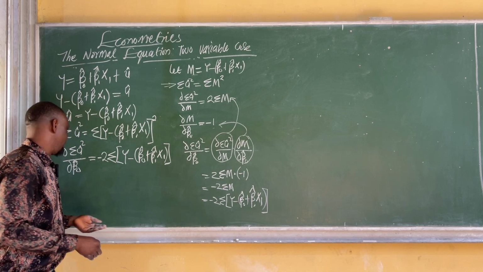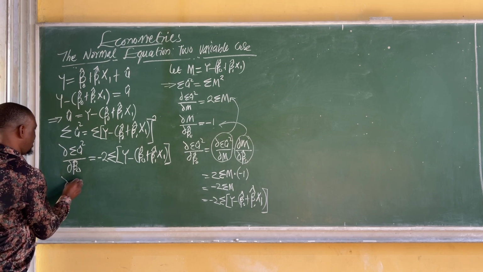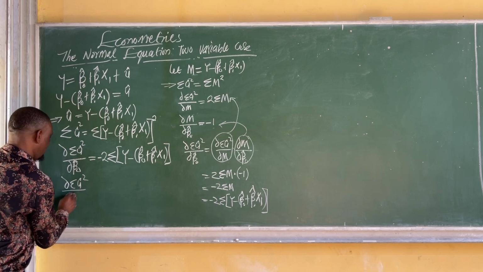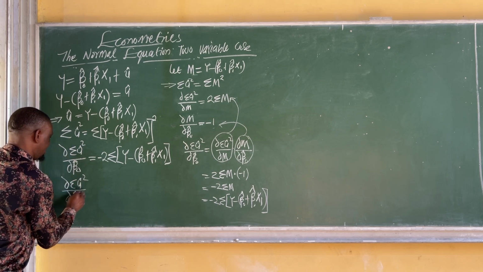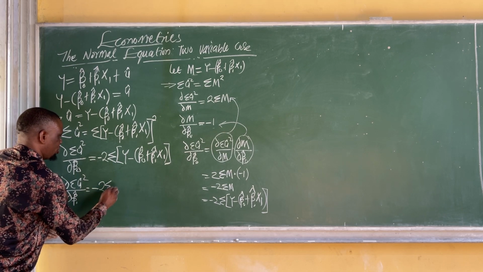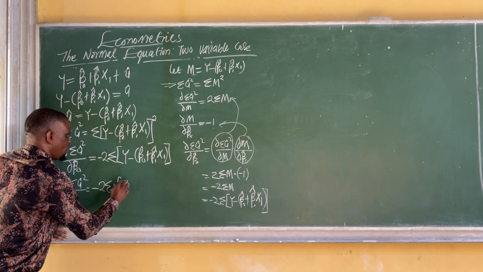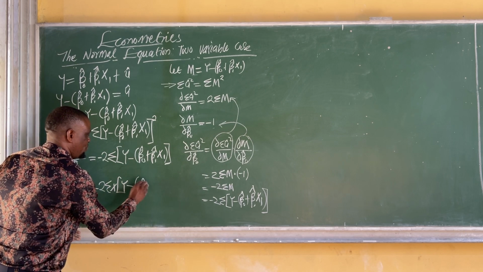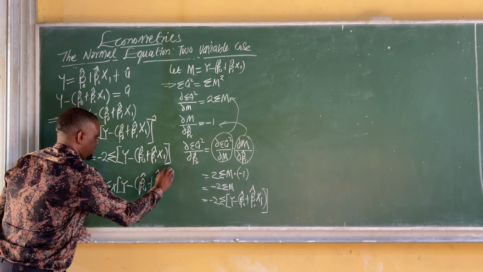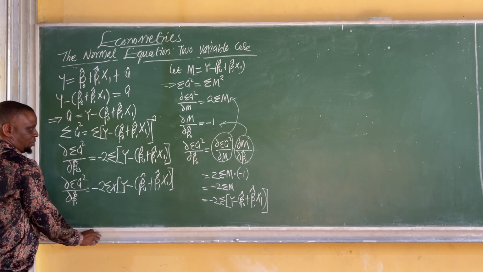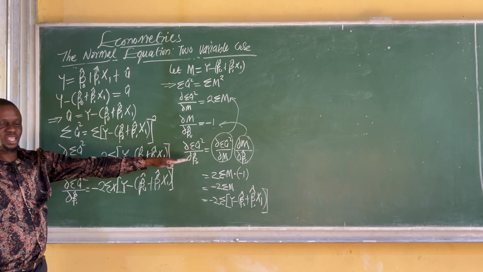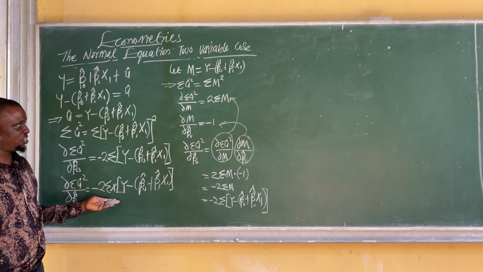In the same vein, our partial differentiation of the sum of square residual with respect to beta 1 hat is equal to minus 2 summation x and then y minus beta 0 hat plus beta 1 hat x1.